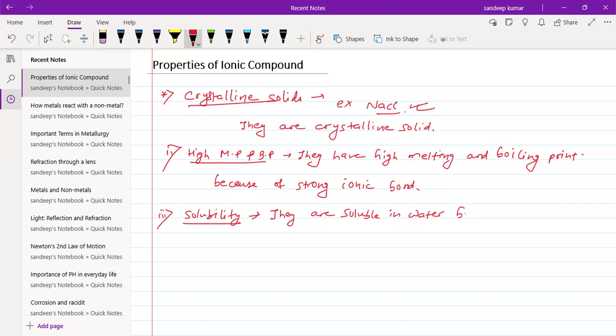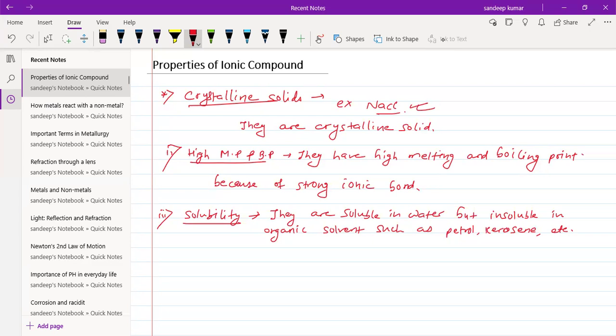So you can write, but insoluble in organic solvents such as petrol, kerosene, diesel, etc. Benzene also you can write.